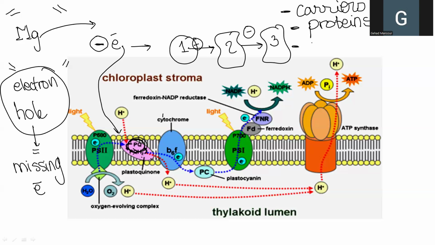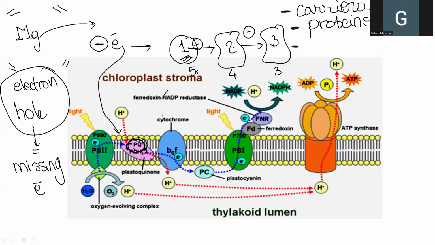Number two, they transfer the electrons or carry the electrons at gradually decreasing energy levels, which means that if electron carrier 1 receives the electron at energy level 5, then 2 will receive it at energy level 4, and 3 will receive it at a lower orbit or a lower energy level 3.